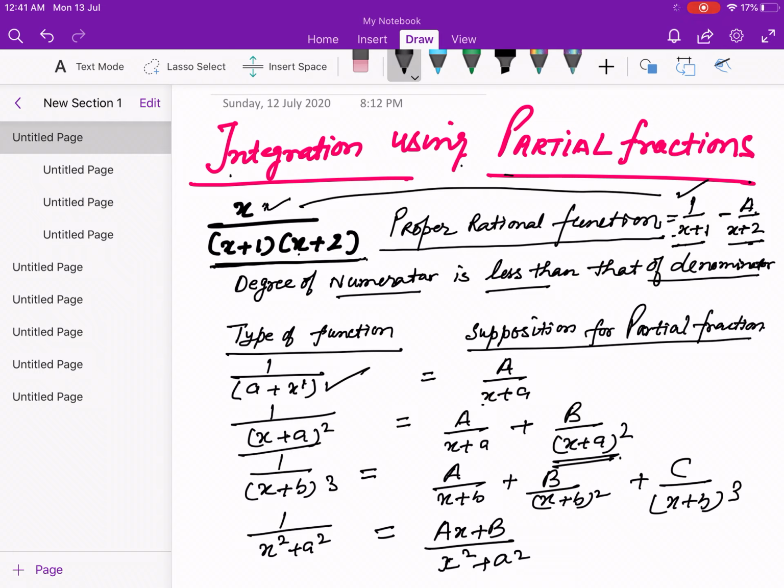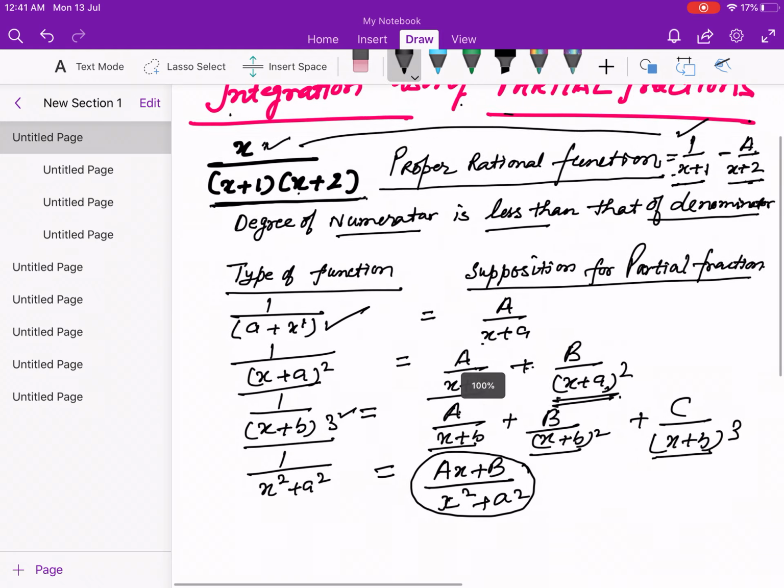If it is whole square, you have to do the supposition in the form of a sum: a upon simple x plus a and b upon x plus a whole square. For cubic, it is going to be three terms: a upon x plus b, b upon x plus b whole square, c upon x plus b whole cube. For quadratic, it is the most awkward one, that is ax plus b over the quadratic.